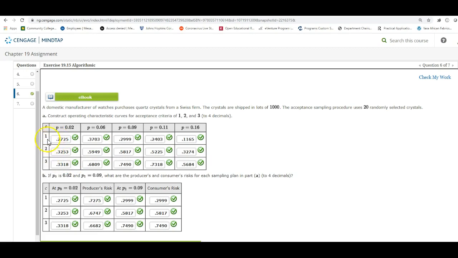Now, for C equal to 2, however, they do use the concept of cumulative probability, because at a level of 2 for a probability of 0.02, they take the 0.2725 and add it to the probability of C being equal to 2.